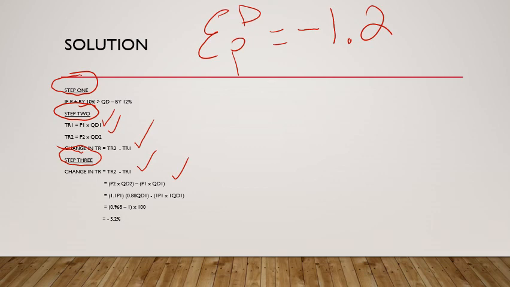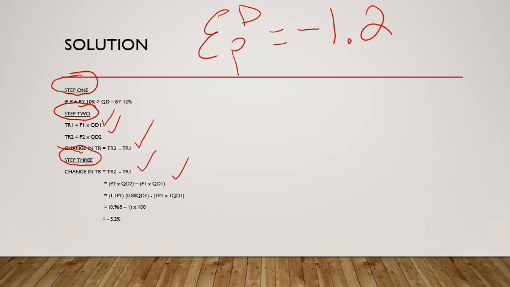So coming back to the price differential, which price is higher? Well, P2 is higher than P1 by 10%. And QD2 is lower than QD1 by how much? By 12%. All right? So this is what we're going to do.